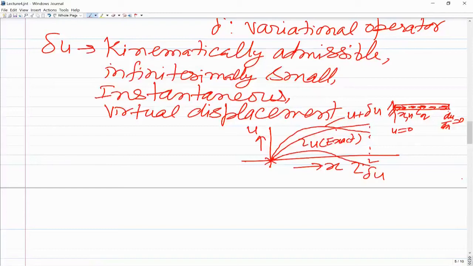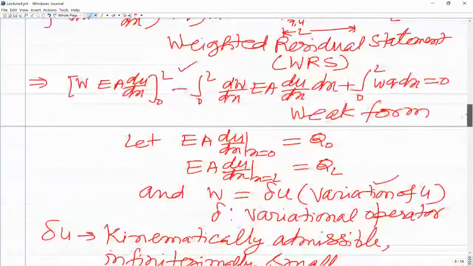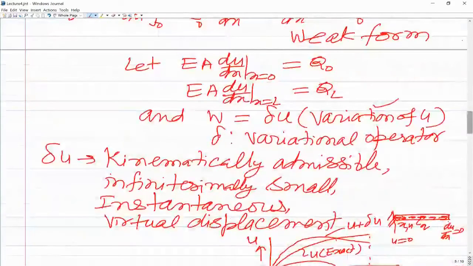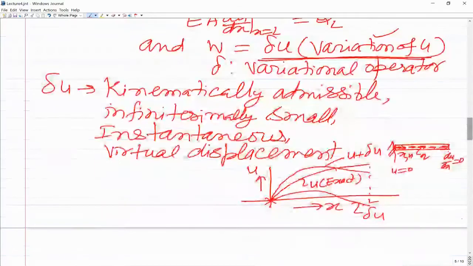So to obtain the weak form, we take w, the weight function, as delta u. That is, delta u is the virtual displacement or variation of u, and it is kinematically admissible, satisfying the homogeneous form of the essential boundary condition. It is infinitesimally small, instantaneous at a particular time instant, and virtual, not a real displacement.